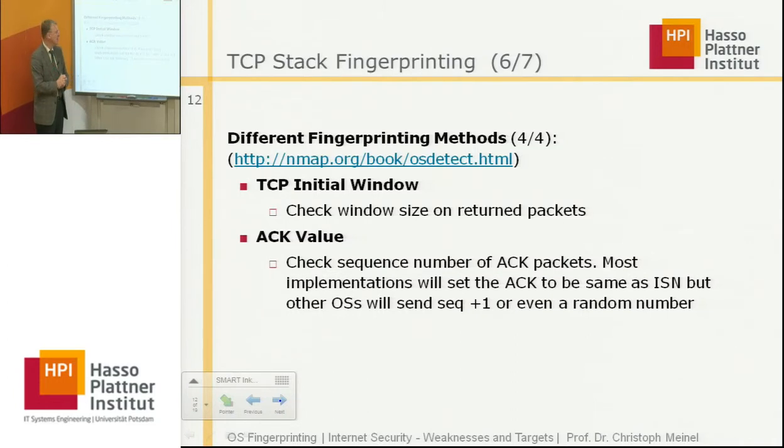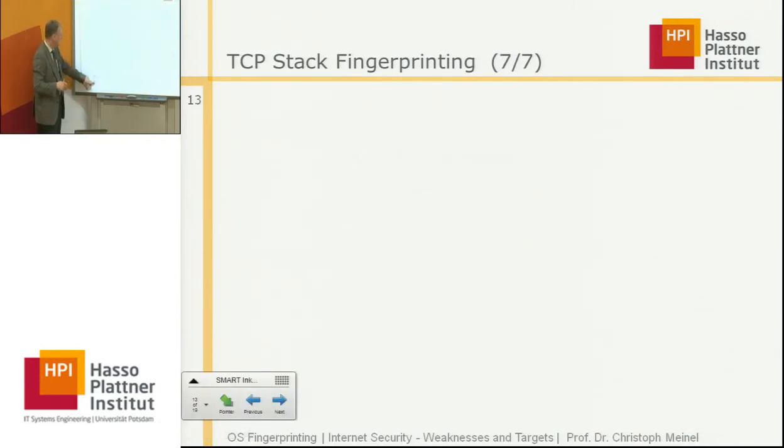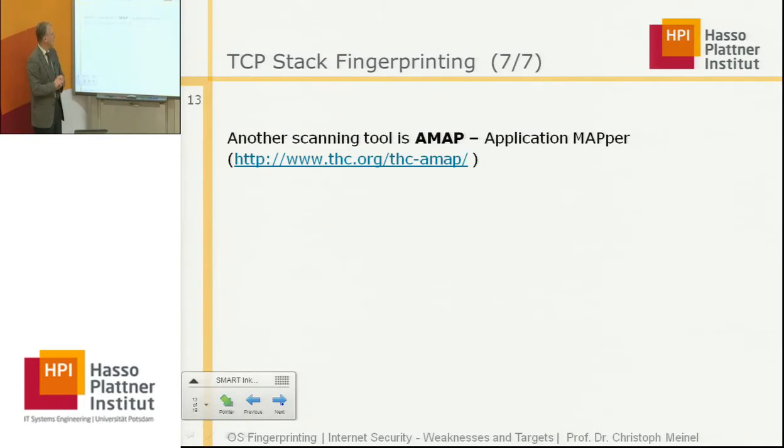Most implementations will set the acknowledgement sequence number equal to the initial sequence number, but others will set it to initial sequence number +1. So collect all this information to get a picture of the operating system that's used, and then you know the weaknesses of this operating system and can try to misuse this.